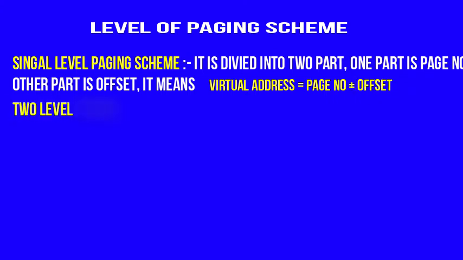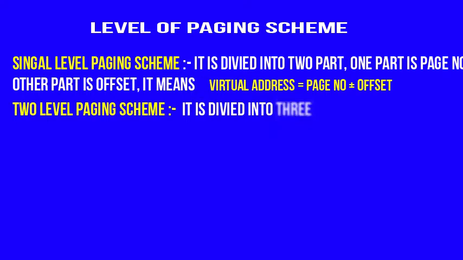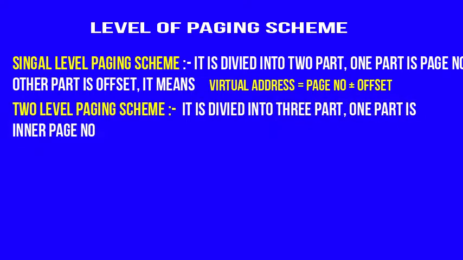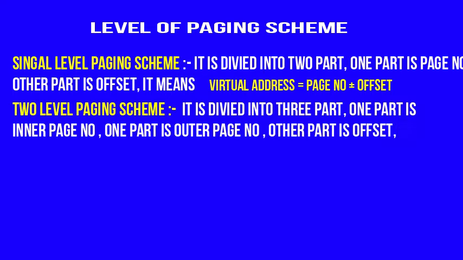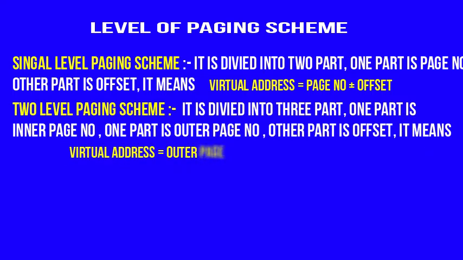Second level paging scheme, or two level paging scheme, is divided into three parts: outer page number, inner page number, and offset. It means virtual address equals outer page number plus inner page number plus offset.